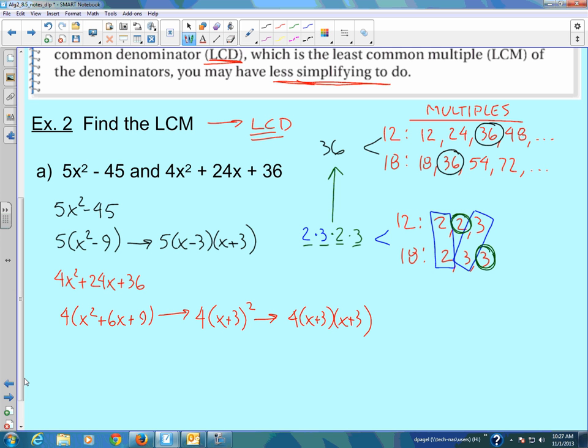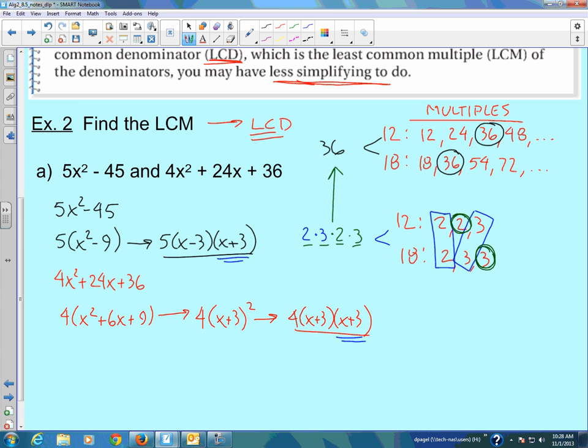Okay, so now what we're looking at is the factored forms of both of these polynomials. And like we did with our numbers over there, 12 and 18, we found out what do they have in common. And it looks as though they both have an x plus 3 in common.